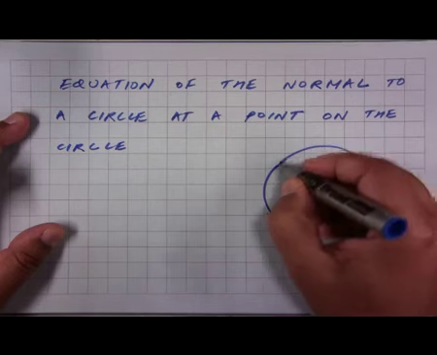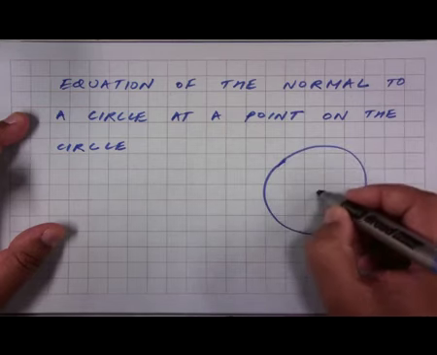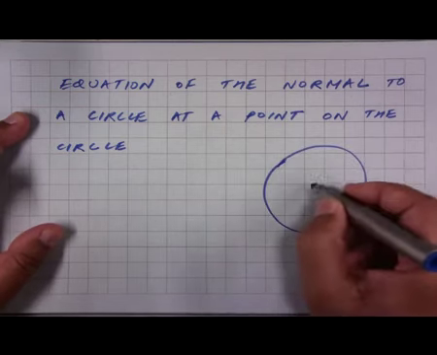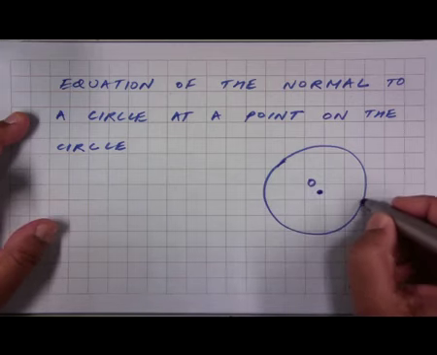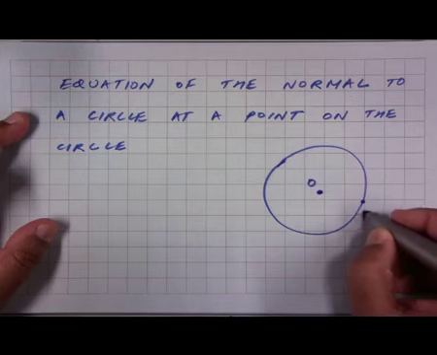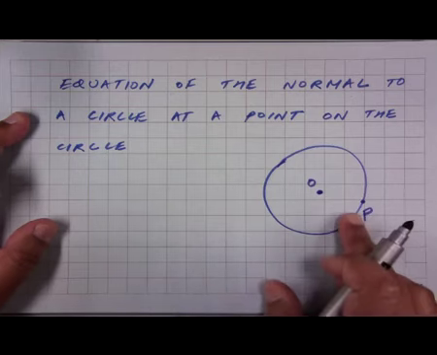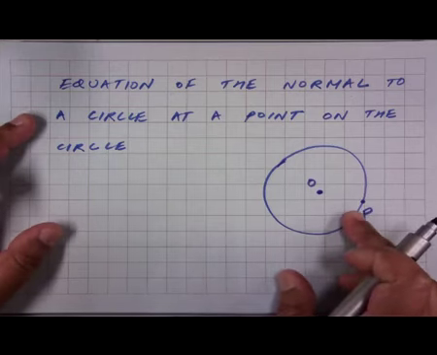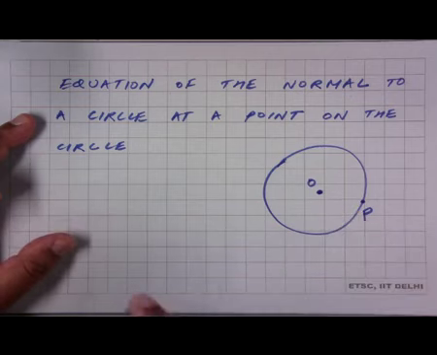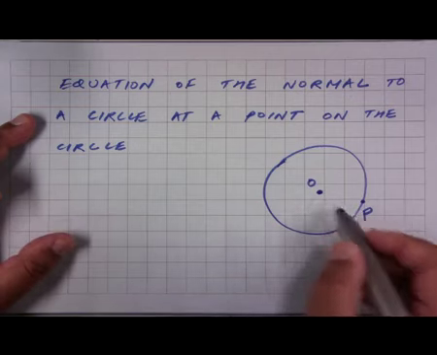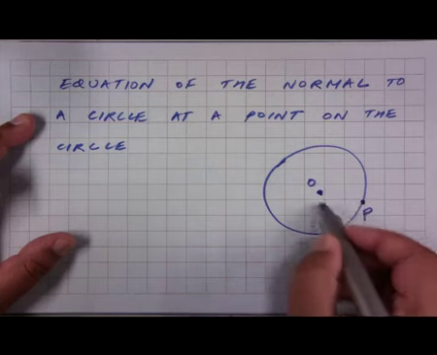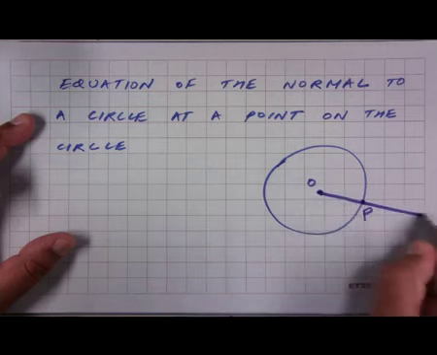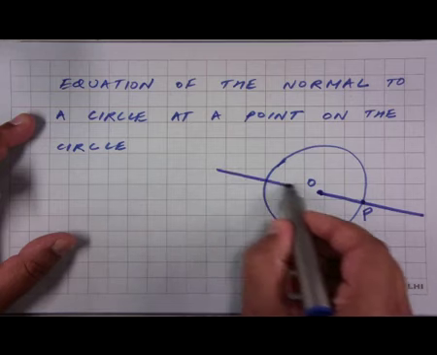So, suppose we have this circle where this is the center and we have a point P on the circumference. So, the normal is given by the line joining the center to this point P, which is this line.